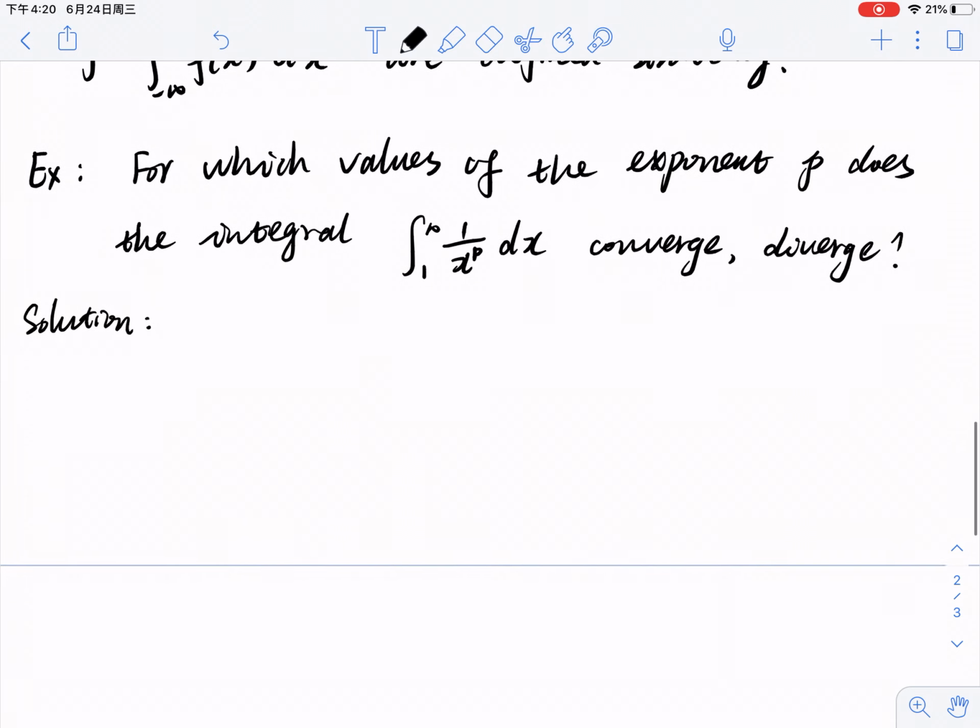Let us first consider the case where p is not 1.